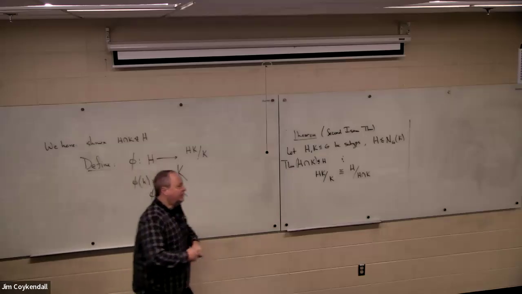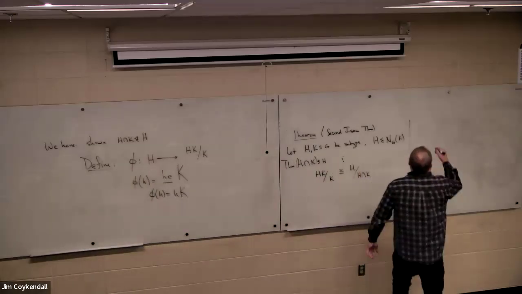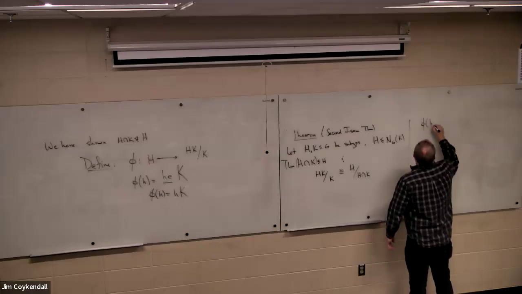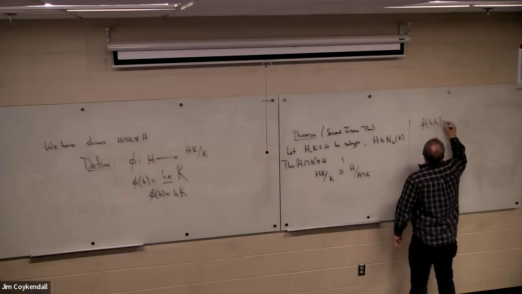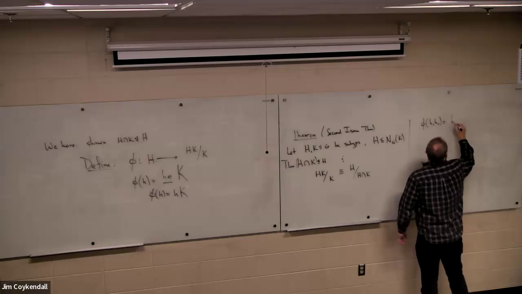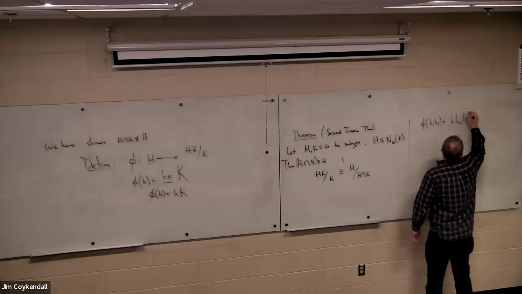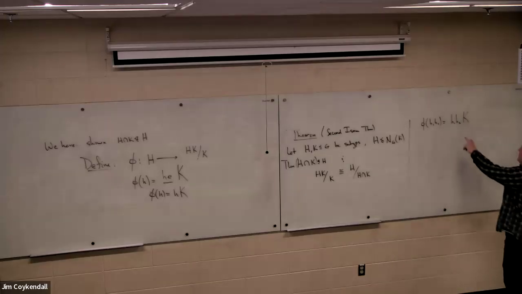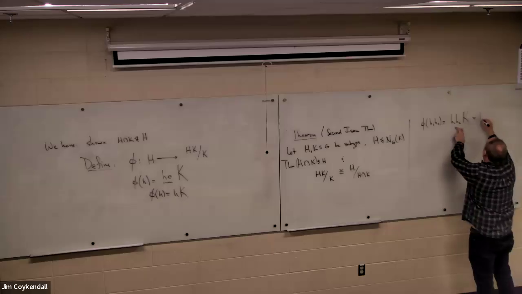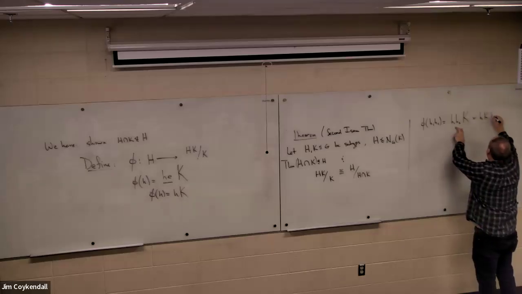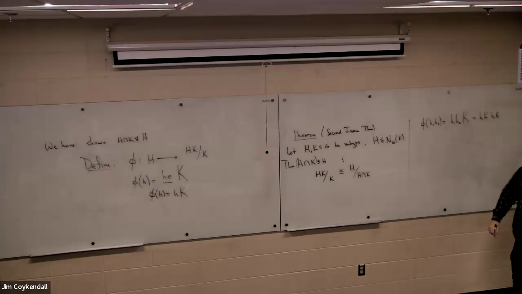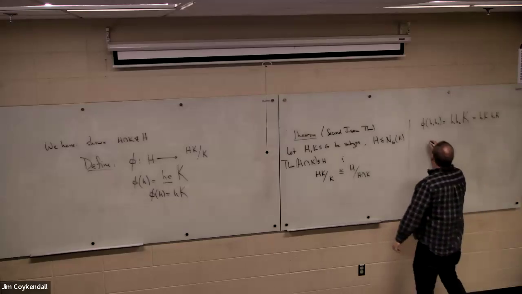First thing, homomorphism. Of H1, H2. Now, how do I write these cosets out? Well, this is H1K, H2K, because that's the way we could break up cosets.